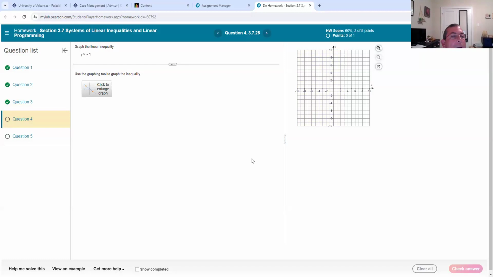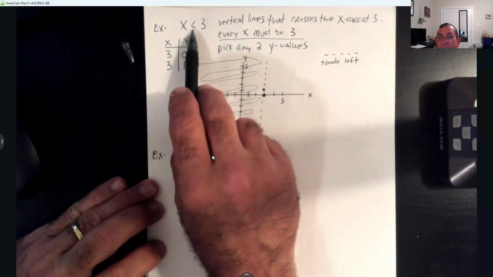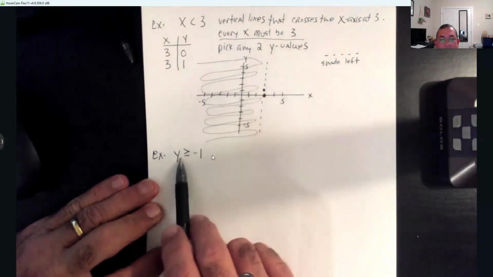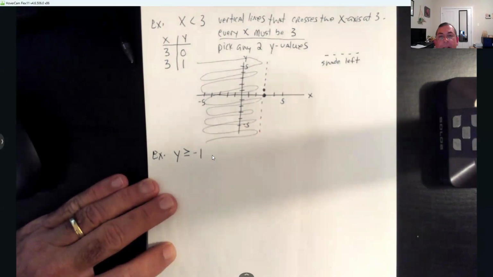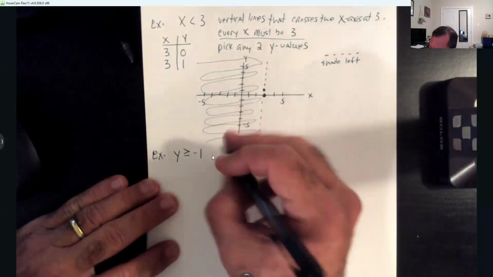So I think this one has y, right? So this one says y is greater than or equal to -1. All right, so let's go mess with that a second. So y'all, if the x's were vertical lines, the y's are going to be horizontal lines.